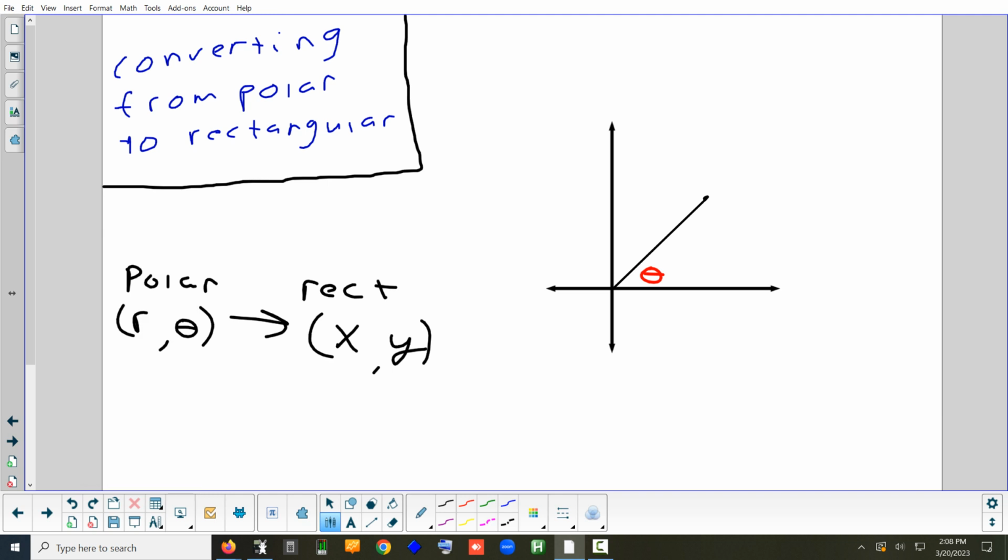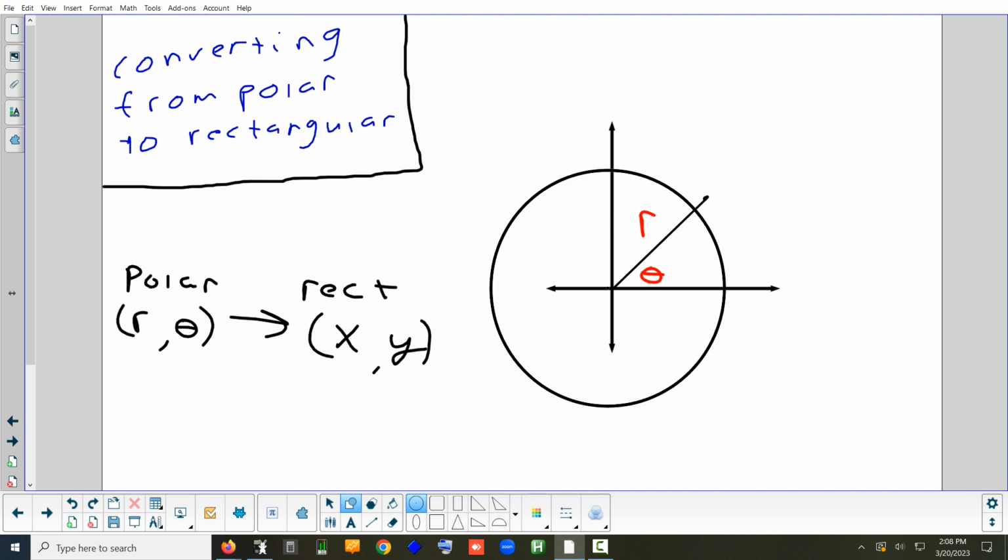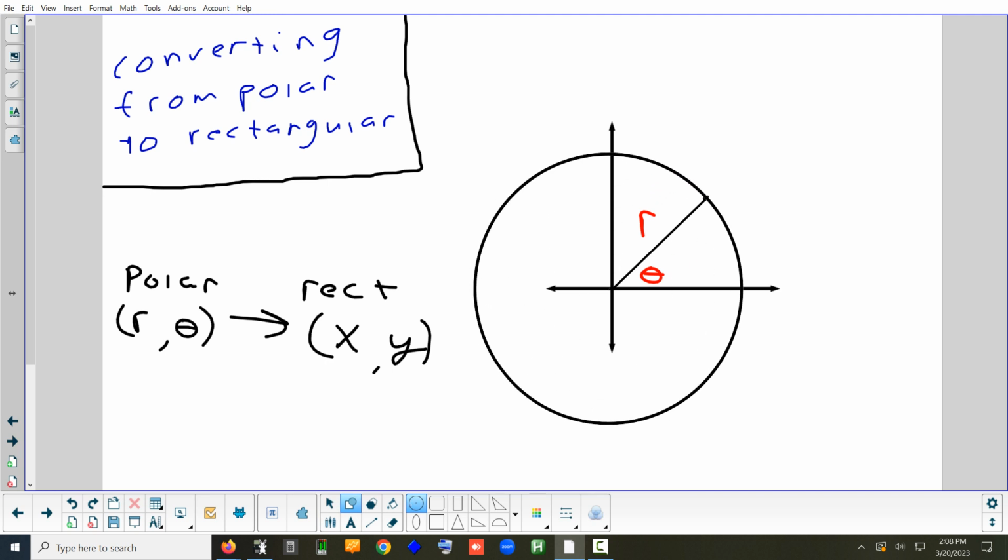So that's my angle. That's my radius. So the way that this person got to that point is they did this. Just put that on a circle. I don't know how many rings they went out, but however many rings they went out, R rings, and then they rotated theta degrees. And that's how they got to that point.